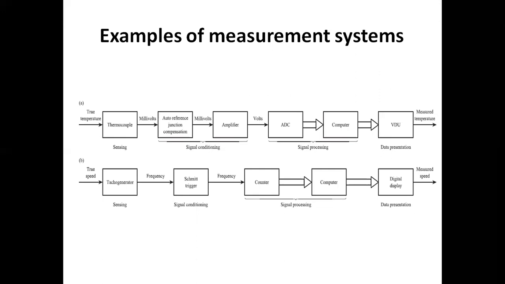Then we take the signal to the amplifier. Then at the signal processing elements, we have an analog to digital converter, which converts the analog signal from the amplifier to a digital signal and takes it to the computer for further computation.